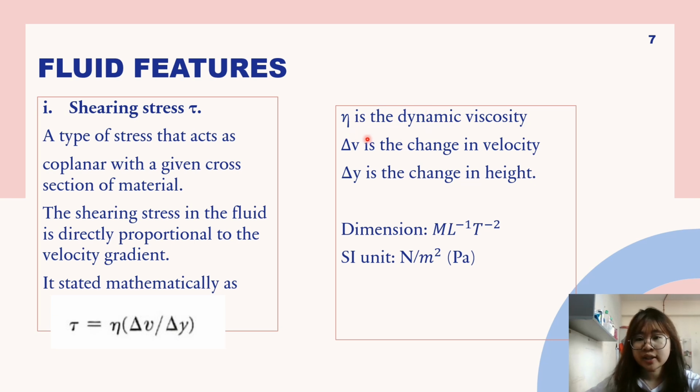The symbol eta is the dynamic viscosity, delta v is the change in velocity, and delta y is the change in height. The dimension is represented with M as mass, L as length, and T as time. SI unit will be written as Newton per m squared.